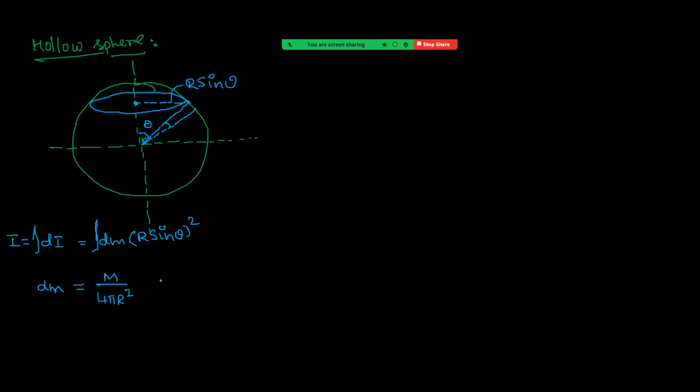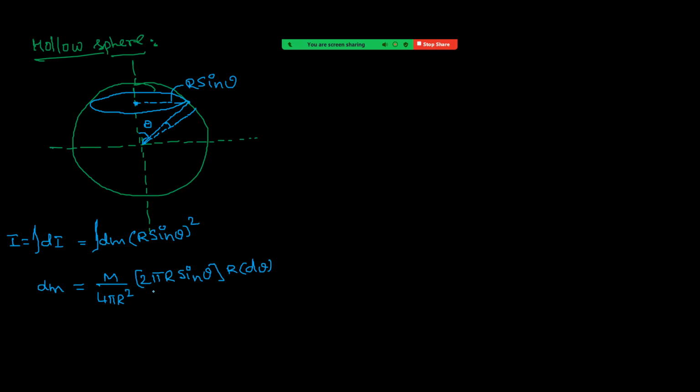Now the area of this ring: its length is 2 pi r sine theta, and its thickness is r d theta. That is the corresponding area. In the previous one, we took 2 pi r into dr. Exactly the same logic, 2 pi r sine theta into r d theta, right?